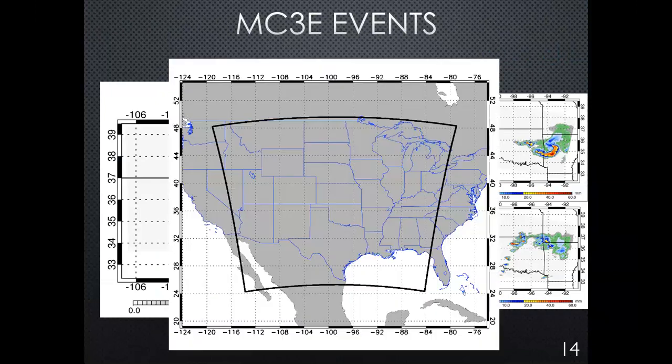We ended up using a domain that was meant to somewhat, even though at a smaller scale, represent similarities to the High-Resolution Rapid Refresh model. It encompasses a large portion of the conterminous US, and we use a grid spacing of 3 kilometers and focus our analysis over the panhandle of Texas, Oklahoma, and Kansas. We'll use precipitation observations in this region, as well as satellite retrievals of cloud properties for observational context.